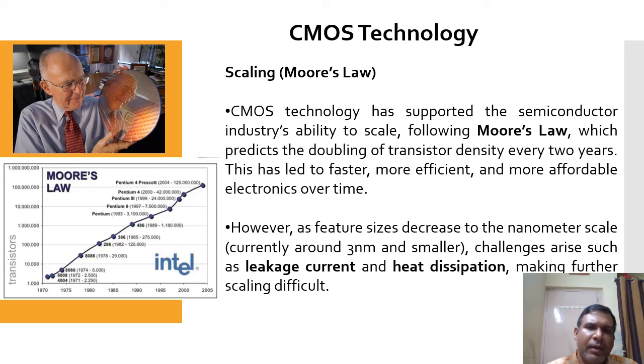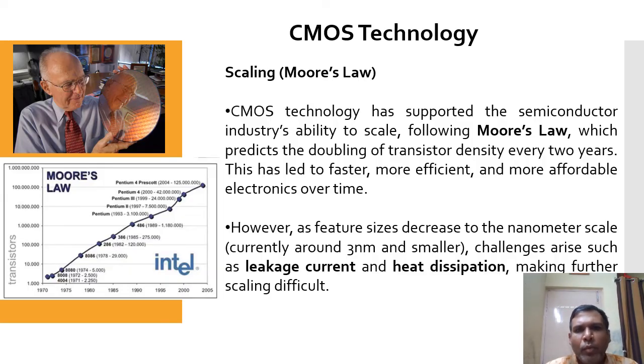The MOSFET structure can be reduced easily, and CMOS technology has supported the semiconductor industry's ability to scale following Moore's law, which predicts the doubling of transistor density every 2 years. This has led to faster, more efficient, and more affordable electronics over time.